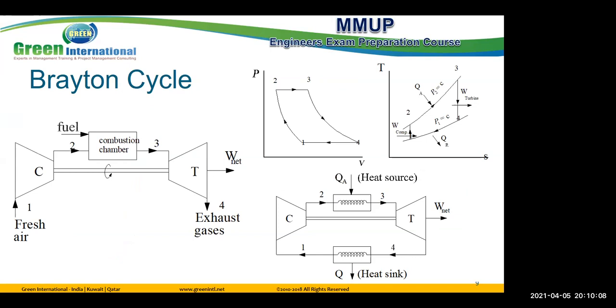Maybe it comes as a total shape, but just focus on one element. I received one question of this type recently, maybe from two weeks ago, but I have not added it yet. I will add it for you for exam 5 or 6, related to the Brayton cycle. It's a very important question.